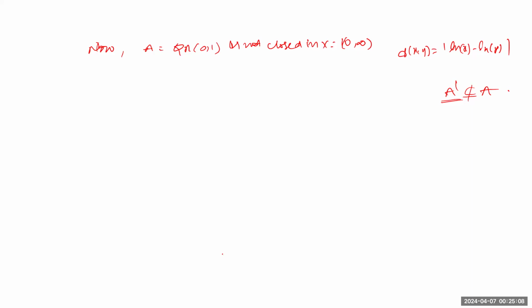Okay, let us see. For this one, what we are going to show is this. Let us take 1 and the set Q ∩ (0, 1).